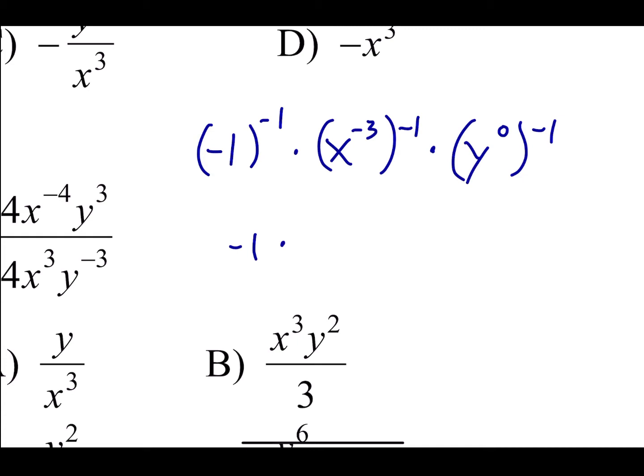And then x to the -3 times -1. Negative times negative is positive, so x cubed. And then y to the 0 times -1. 0 times anything is 0. Y to the 0 is 1. We don't usually write the 1, so we're left with -1 times x cubed, which is usually just written as -x cubed.